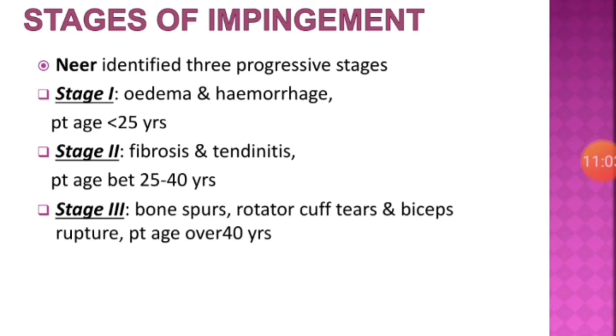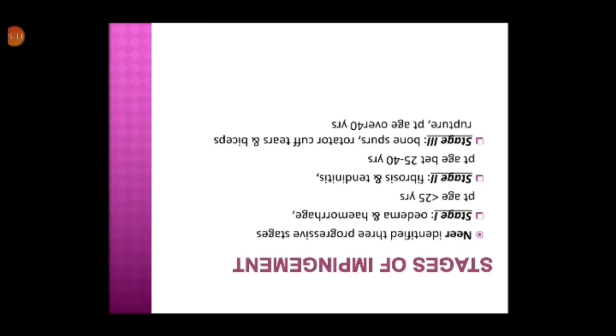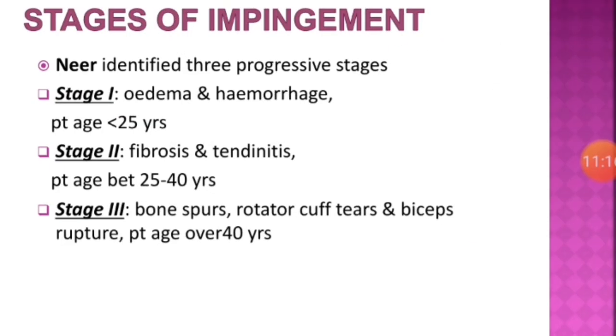According to Neer, there are different progressive stages of the syndrome. Stage 1 comprises edema and hemorrhage. Typically, the patient is younger than 25 years and this is a reversible lesion.